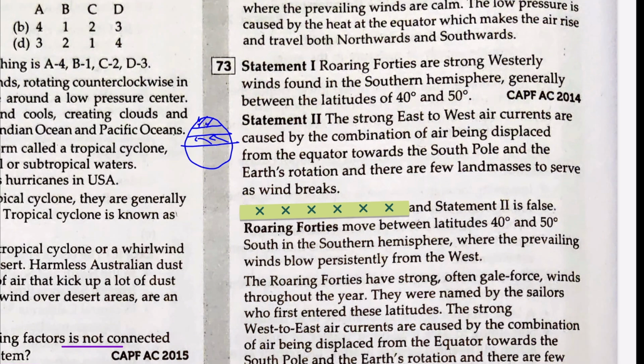Are caused by combination of air being displaced from equator, east to west currents are moving from equator towards pole. No. East to west currents are moving from tropics to equator or poles to subpolar region. So this is absolutely wrong. One is correct. Answer would be C. One correct, two false.